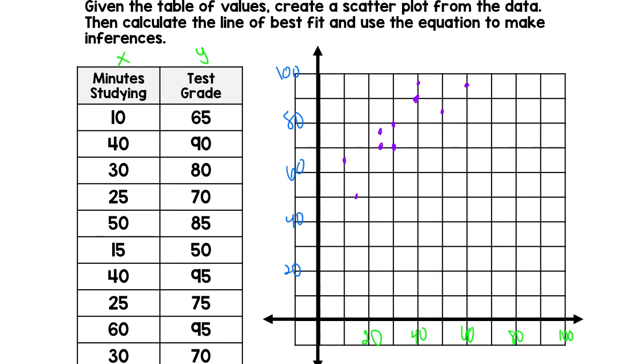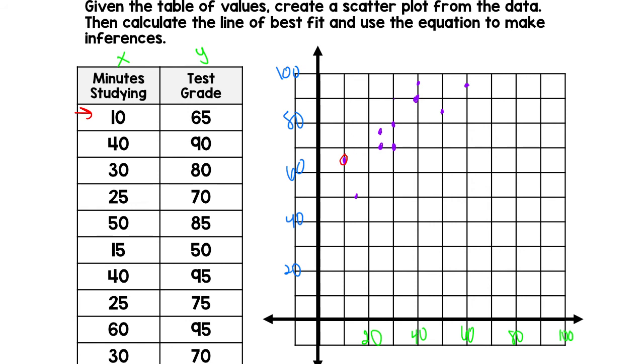Let's get a line of best fit going here. I'm going to say we should use our lowest point here. Well, not lowest, but lowest X value. That's this one here at 5. Nope, that's not it. That's 10, 65. So we'll use that one.